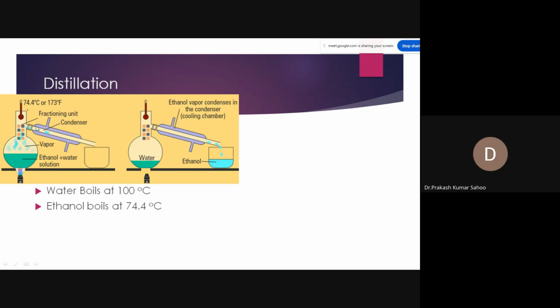Then the water vapors are condensed, and continuous tap water is flowing inside the condenser to turn the water vapor to water by cooling it, and finally the demineralized water gets collected.